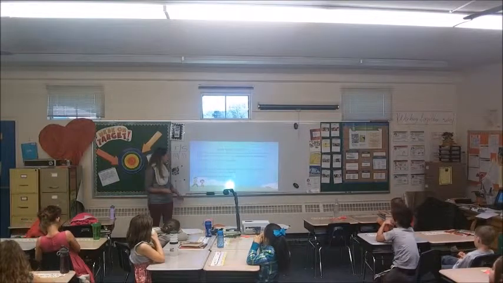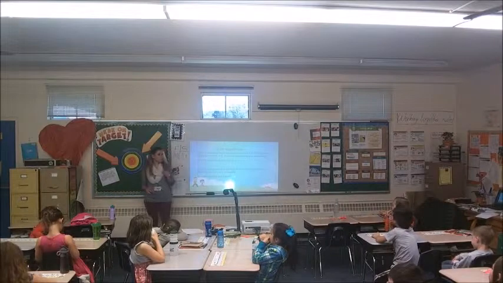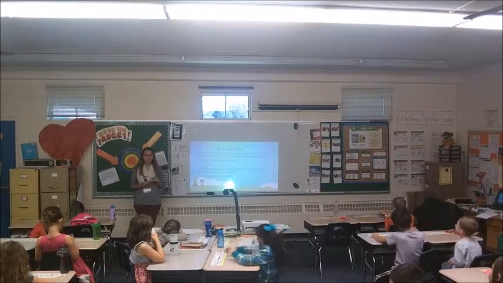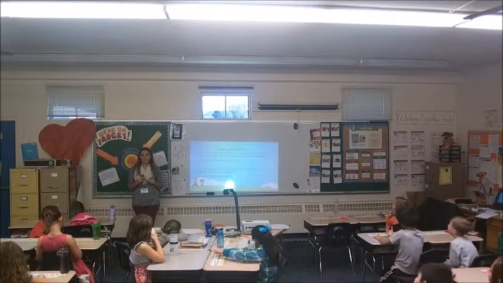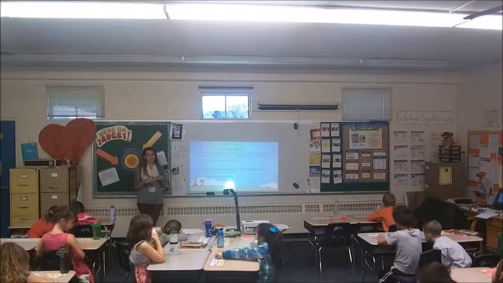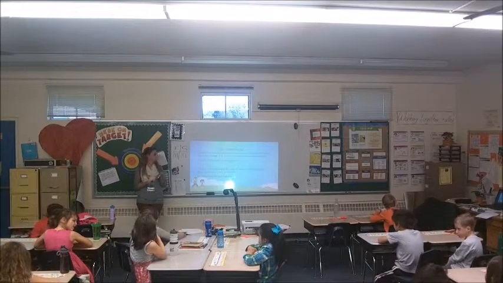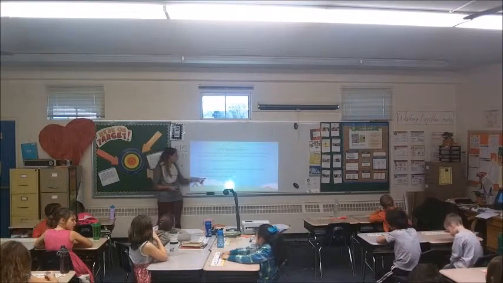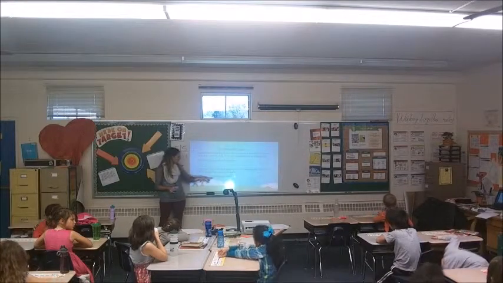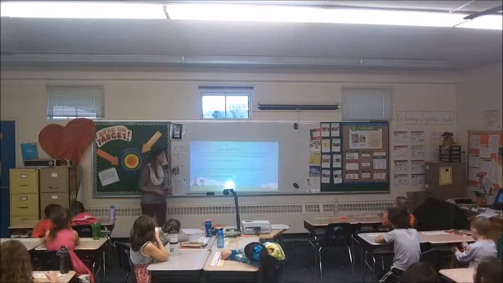Good job, guys. If the short vowel word has two or more consonants, then what do you do? You don't double the last consonant, so what do you do to add ED or ING? You just add them. Exactly, good job. Like the word help: there's two consonants here, so we just add ED and ING.